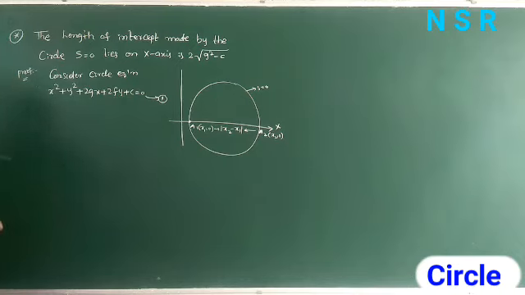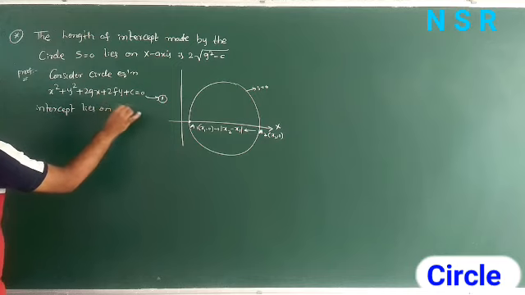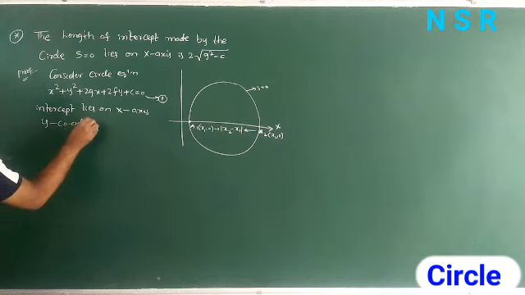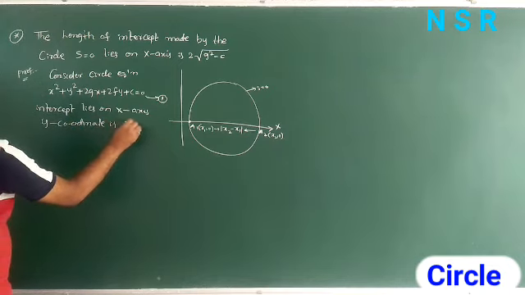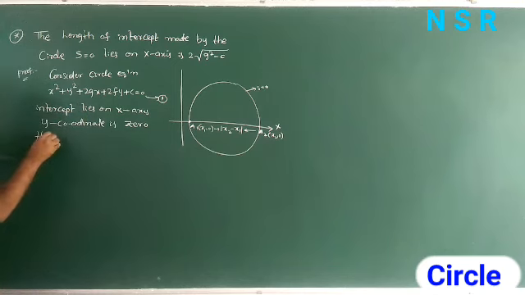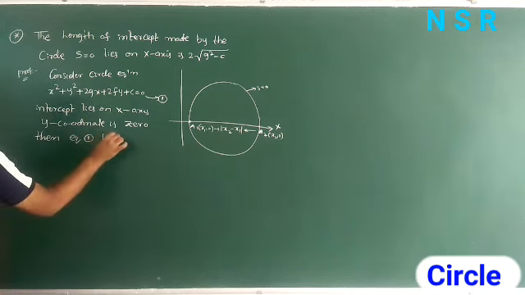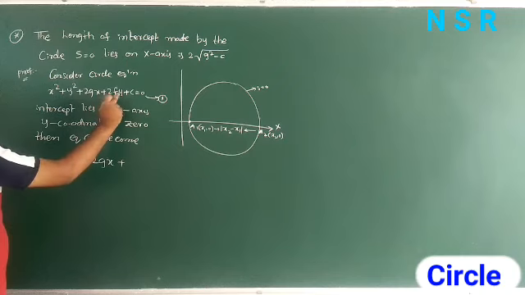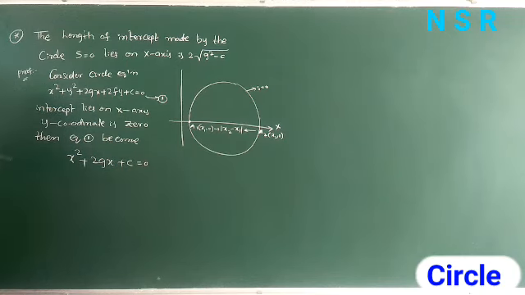Now the intercept made by the circle lies on the x-axis, so the y coordinate is 0. Then equation 1 becomes x square plus 2gx plus c equal to 0, since y square is 0 and 2fy is 0.